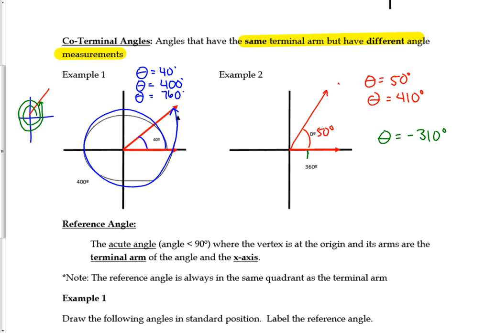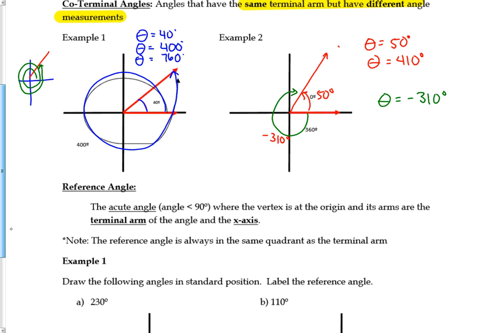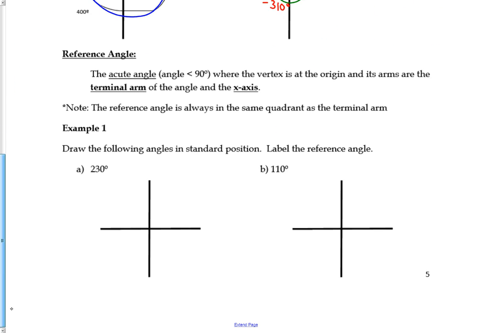So instead, we went clockwise instead of counterclockwise. Okay, it's going the opposite direction. I just wanted to introduce the terminology. It's not a big focus of this unit, so we can just move on. It's nice for you to see it a little bit before Math 30.